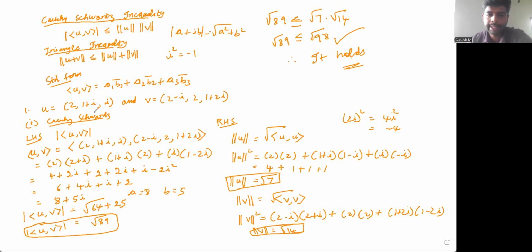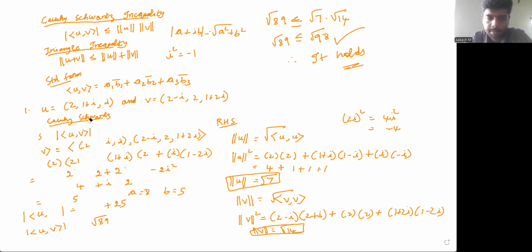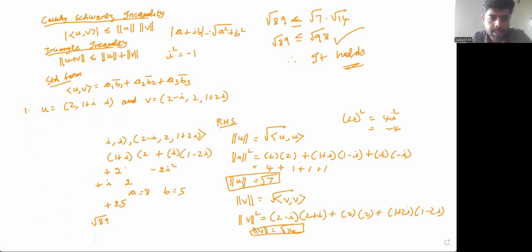Okay. So like this, we can find for triangle inequality also. Triangle inequality, I am erasing this part. See the property, norm of u plus v is less than or equal to norm of u plus norm of v.